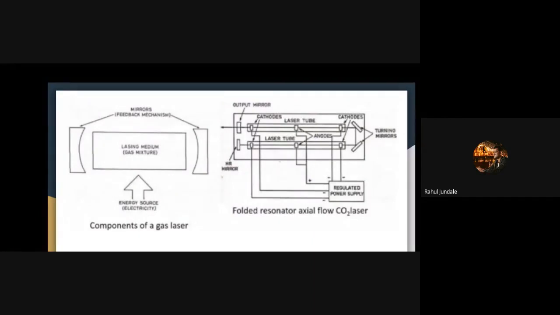Again, the use of laser in material processing requires a high power density laser. There are some applications, which we will see later, for example metrology applications, where you do not need a very high power density laser. A small power density laser can do that metrology work.